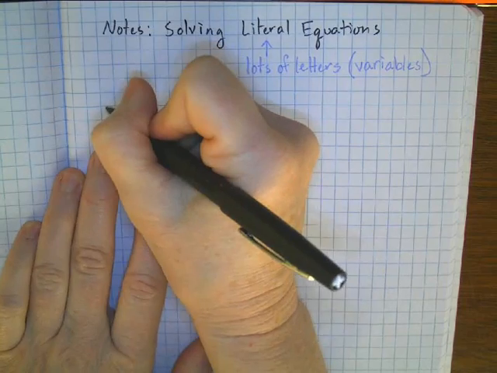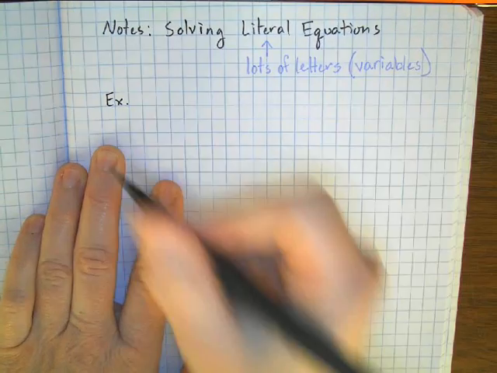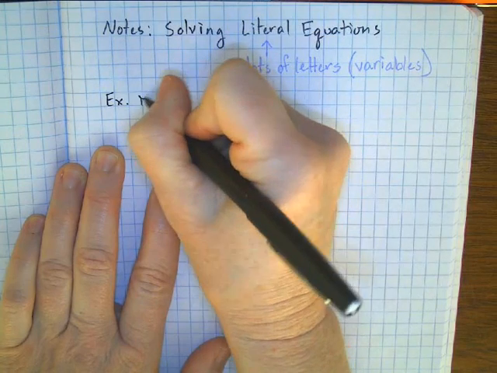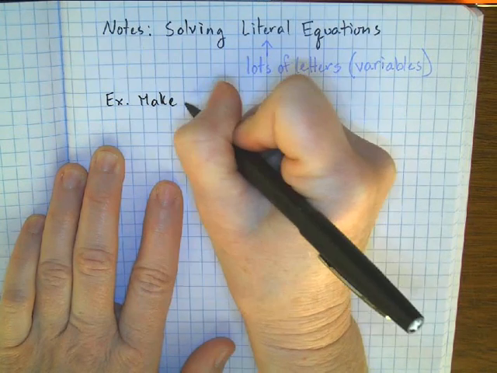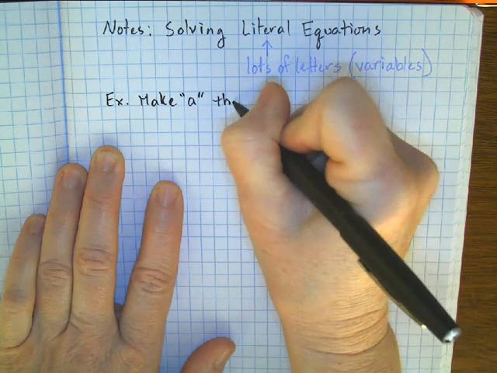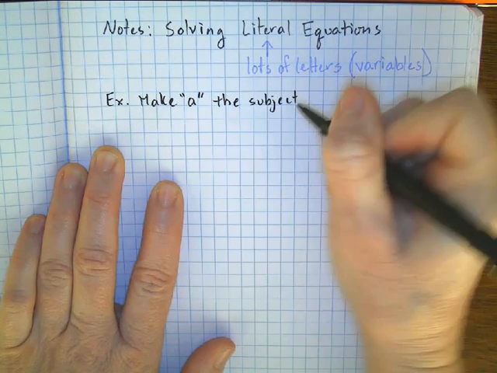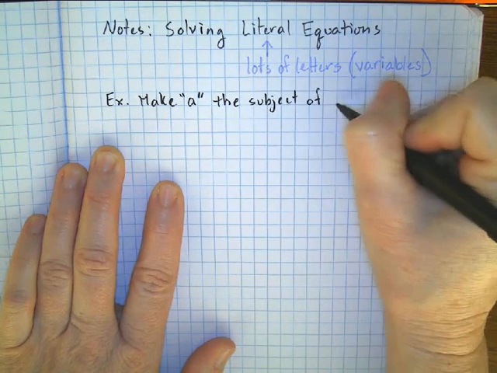Number 1, here's how the directions look in math space. Make A the subject of the following equation.